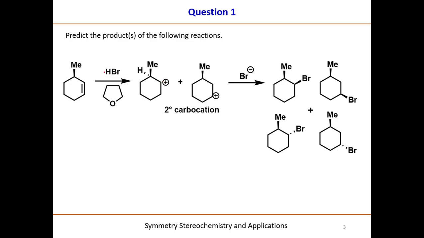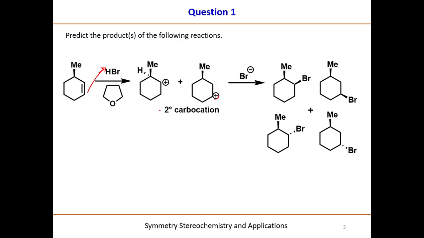This hydrogen will be abstracted by this double bond, and carbocation formation will take place here. In the second case, carbocation formation can take place at this position, the third position.